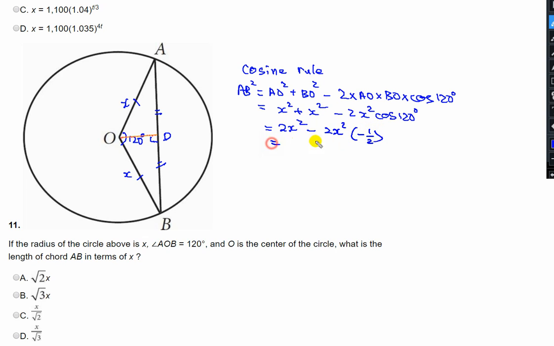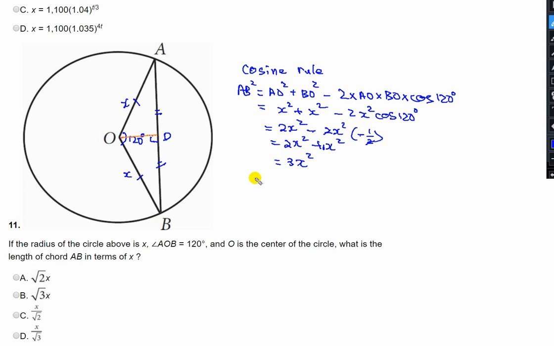Minus times minus becomes plus, so it's 2x square plus, then the 2 cancels with this 2, becomes x square. So 1x square plus 2x square, it becomes 3x square.